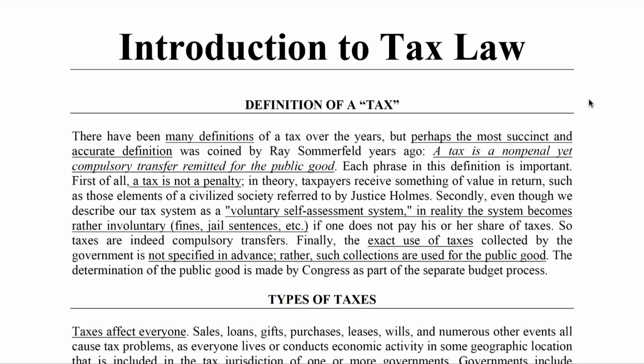So even there, we have a voluntary self-assessment system where you, as an individual citizen, file your own taxes. There is an involuntary element in the sense that there are fines, jail sentences, and even other things where the government can come in and take potentially part of your wages or property. Another element deals with, again, the public good.